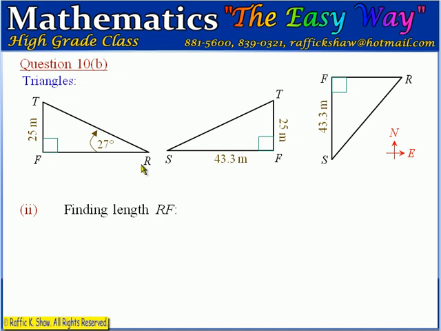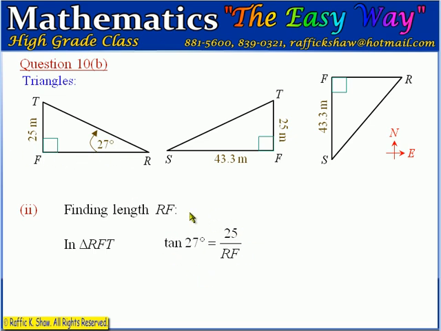And to find the length of RF, we can work in this right angle triangle where we have this angle and this opposite side. And so we can say that in triangle RFT, we can use tan of this angle equals opposite over adjacent, and so tan of 27 degrees is equal to 25 divided by RF across here.